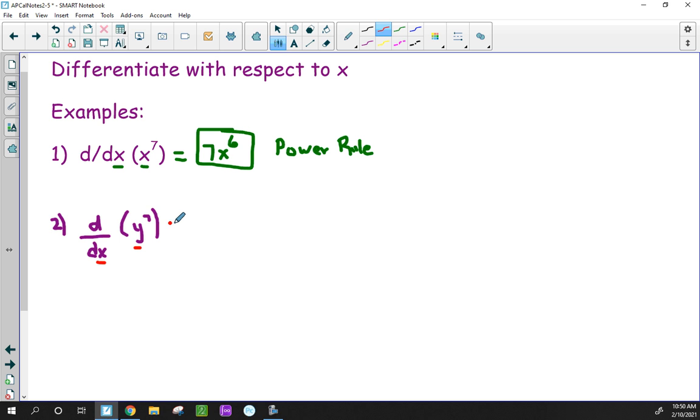Because these do not match, we're acting as if it were x first, so we're going to do 7 times 1 is 7, drop this letter down, decrease power. Then we're going to have to do the inside derivative of this, with respect to x. So we're going to do dy dx, or just times y prime. So this would be your complete answer.